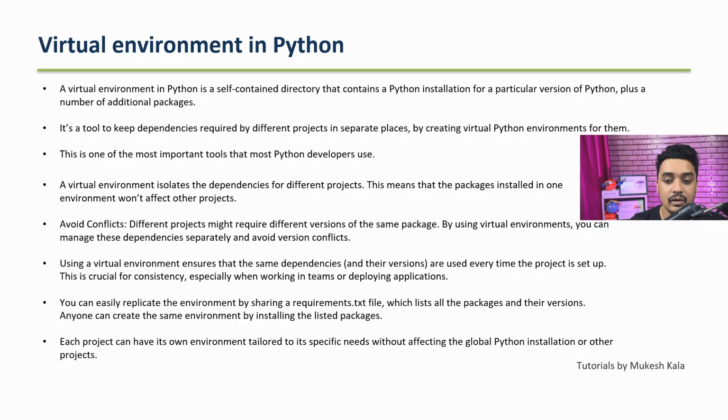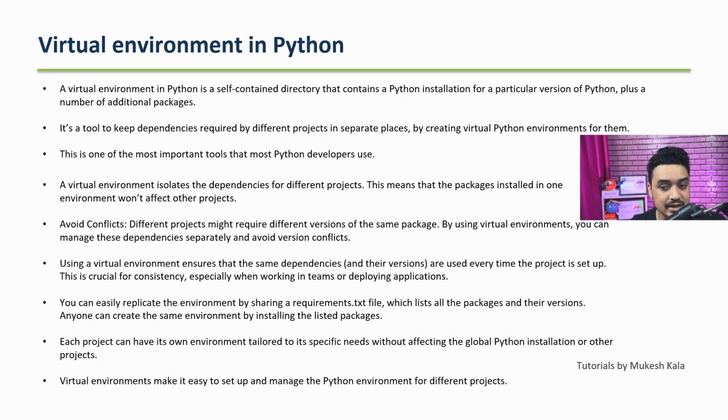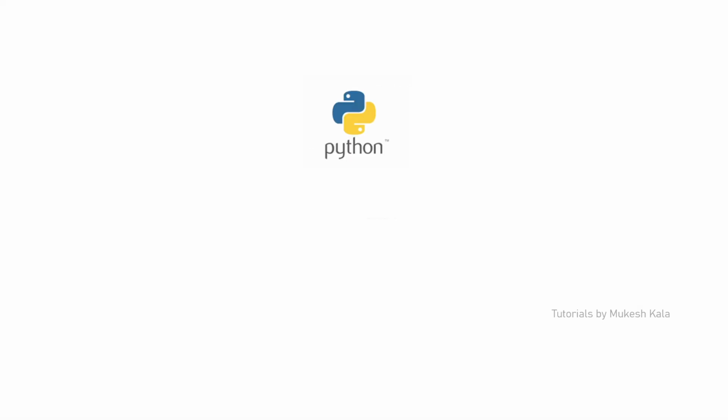Each project has its own environment tailored for its specific needs without affecting the global Python installation. And lastly, virtual environments make it easy to set up and manage Python environments for different projects. So that's why virtual environments are important, and I hope you got the concept. The next thing is going to Python and setting up the virtual environments.